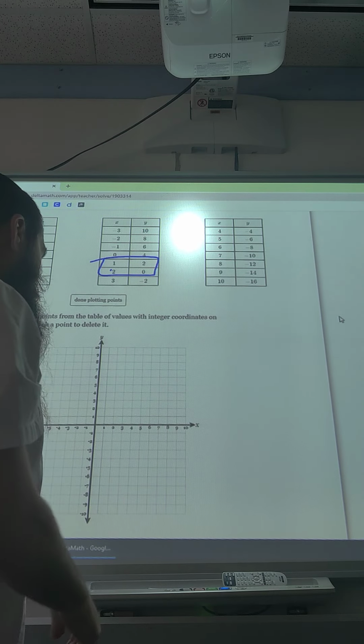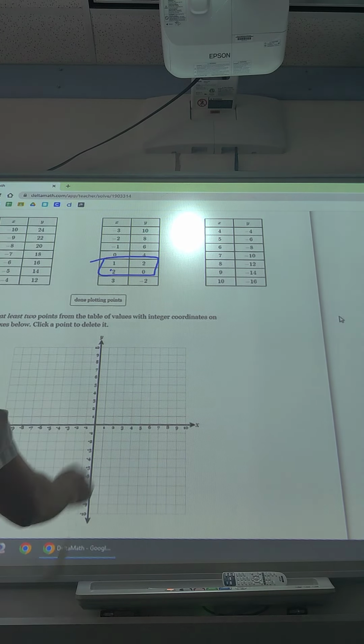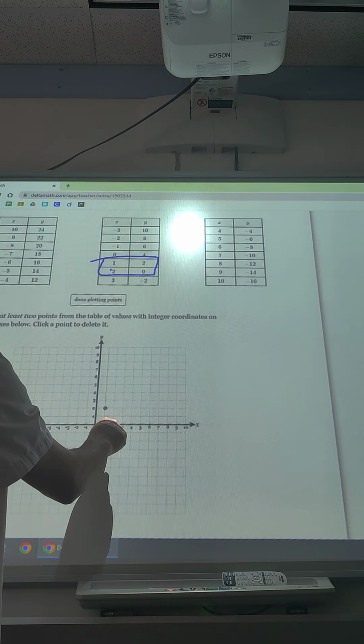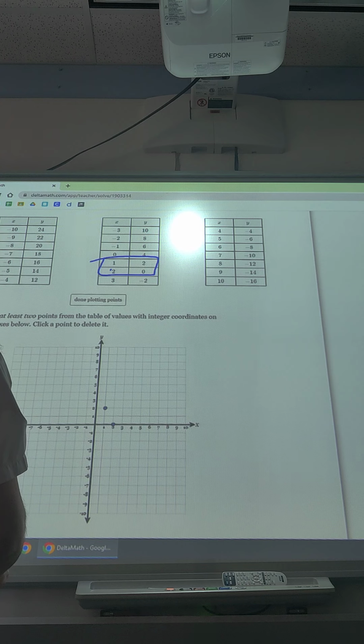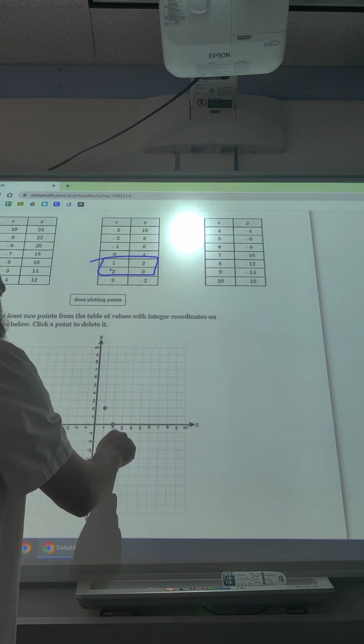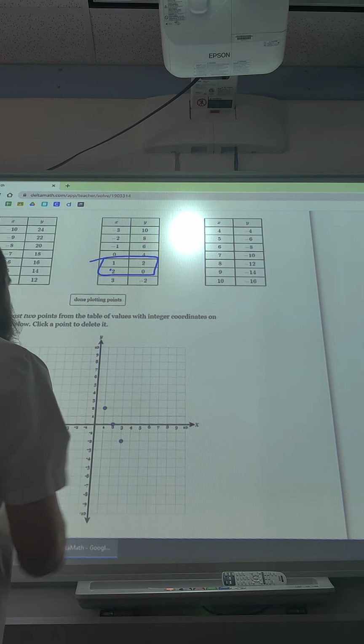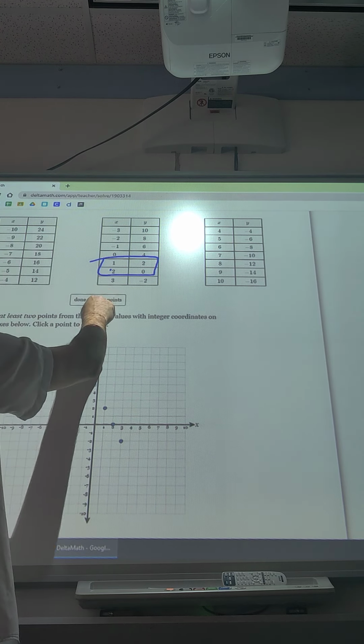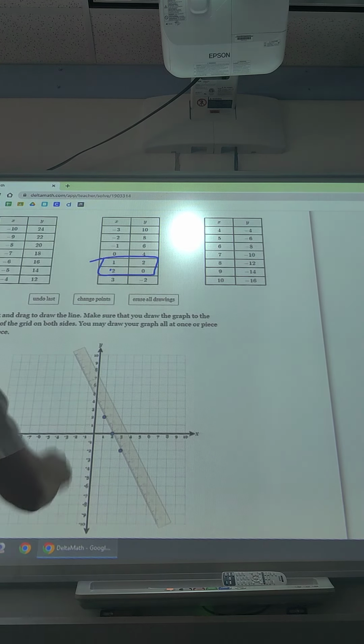So (1, 2) right there, and (2, 0) right there. Let's say (3, -2) right there. And then I could say I'm done plotting points. I'm just reading these points off there. Done plotting points. And then when you do this, you're just kind of tracing that.